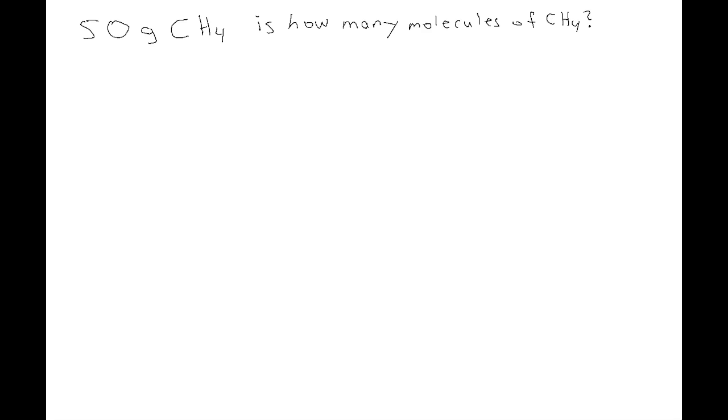Okay, so the first thing you do, I think, is convert the grams to moles. So you first write down your target unit, which would be moles of methane. Then you write down what you have, which is 50 grams of methane. It's going to be 16 grams for every mole of methane.